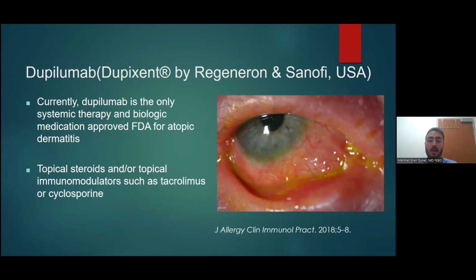Remember, I told you initially that allergic conjunctivitis causes mild redness, mild discharge. Usually kids are not bothered by it too much, but we're going to be discussing adenovirus infection today. The conjunctivitis we get from dupilumab, the Dupixent use, can be as severe as you see in the pictures and can mimic adenovirus.